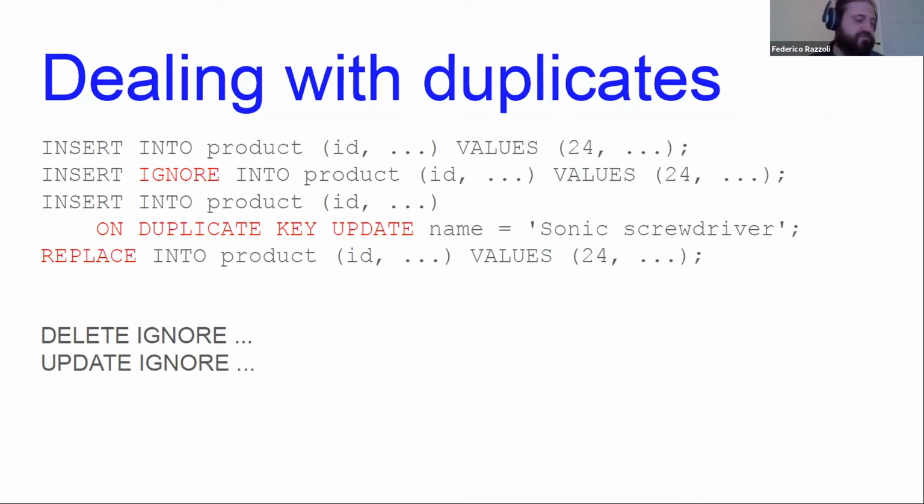And also, for example, if we have triggers on the table or foreign keys on the table, this could have strange consequences. And also, there are some bugs in MySQL on how REPLACE is implemented. And under certain circumstances, it can create data inconsistencies.